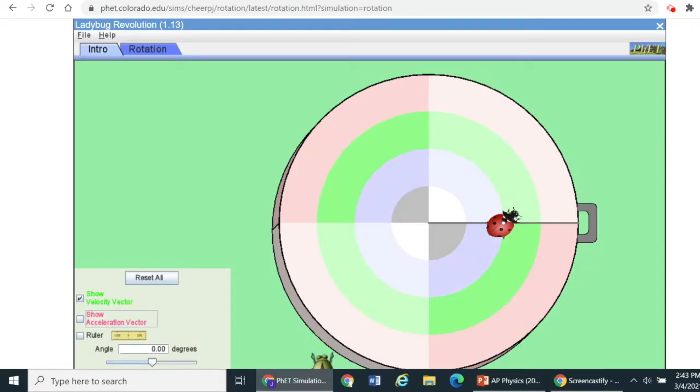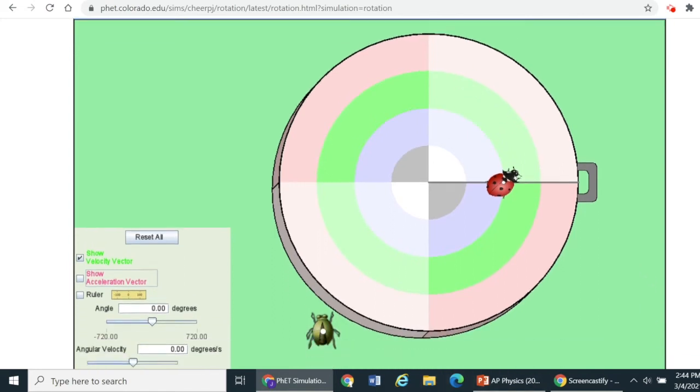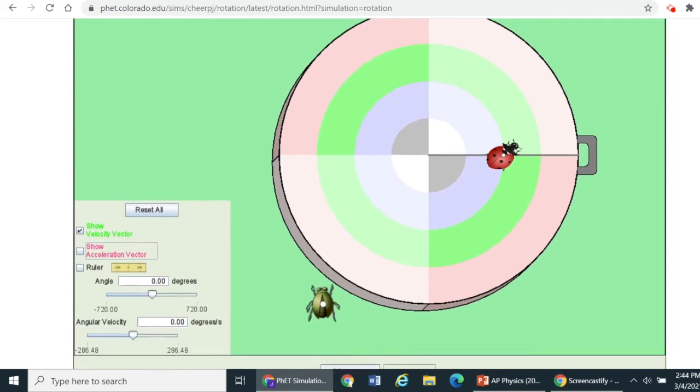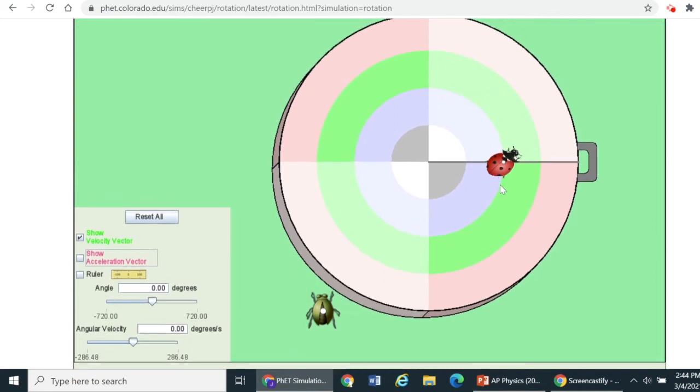Strangely enough, when they ask these questions about a point on the rotating object, they use a ladybug on a disk all the time. I don't really get it, but anyway, this is what they use. The point we want to make here is that when the disk has zero angular velocity, there is no tangential velocity, or no linear velocity.